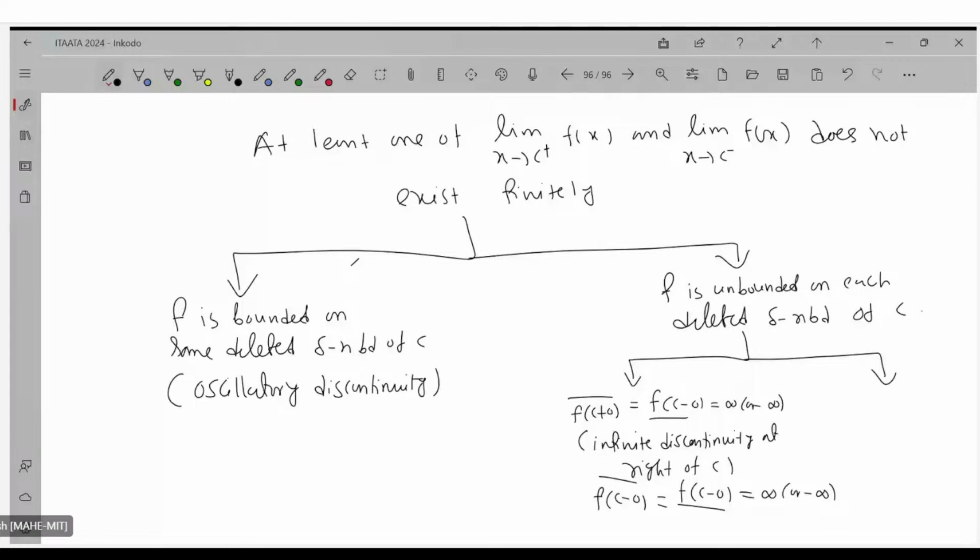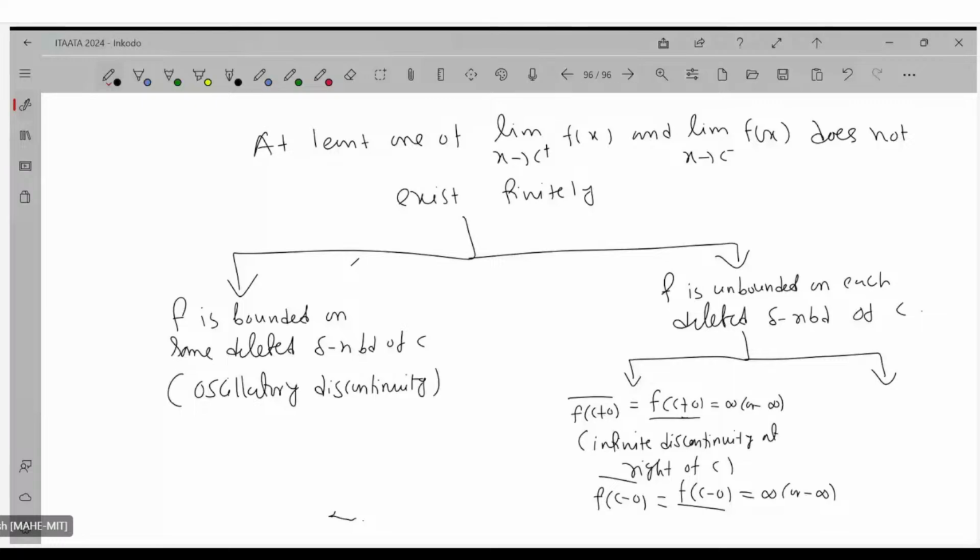And what is the other case? They are unequal. Okay. There is one more. Oh, sorry. Yeah, thank you. f(C+0) is infinity or minus infinity. So the other thing is that they are unequal. Then we have oscillation.